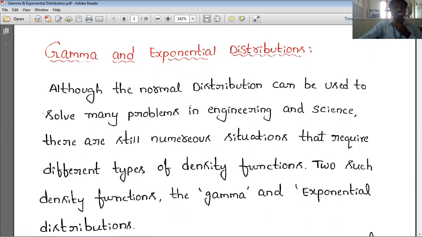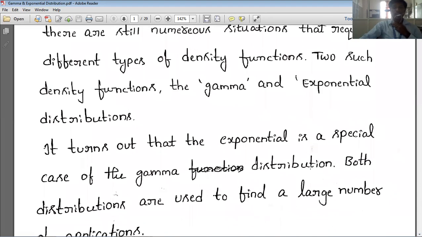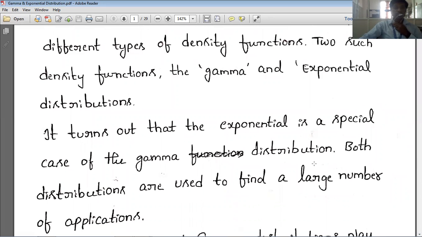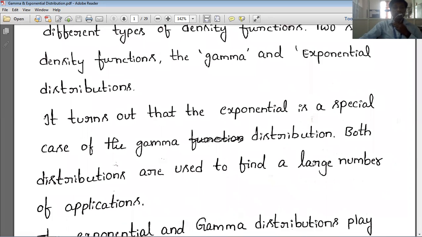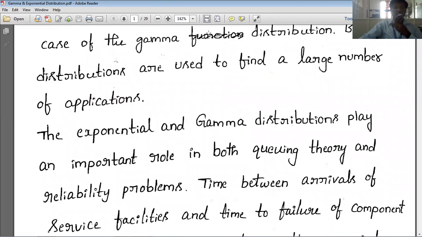The normal distribution can be used to solve many problems in engineering and science. But there are numerous situations that require different types of density functions, and for those we use gamma and exponential distributions. Mainly we use these distributions in queuing theory and reliability problems.